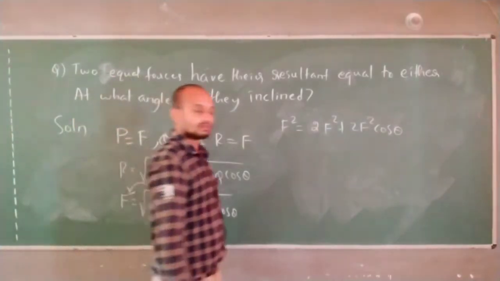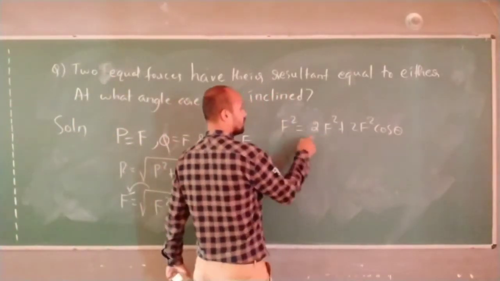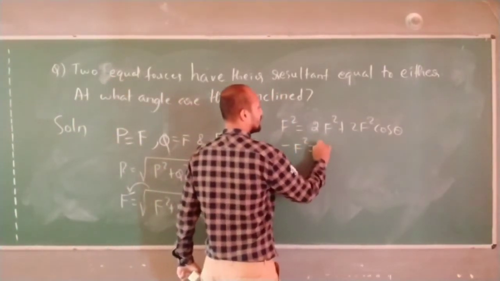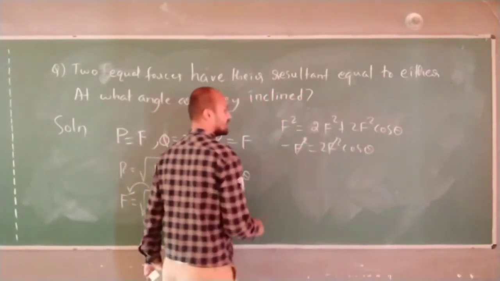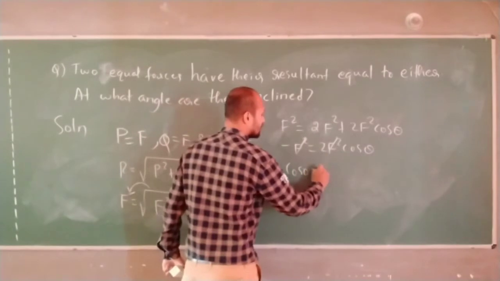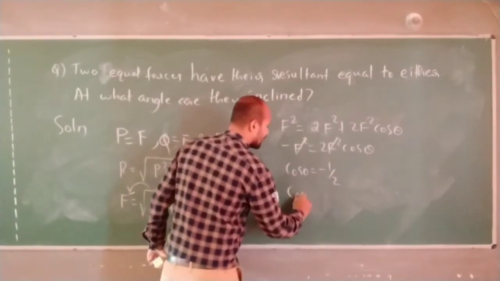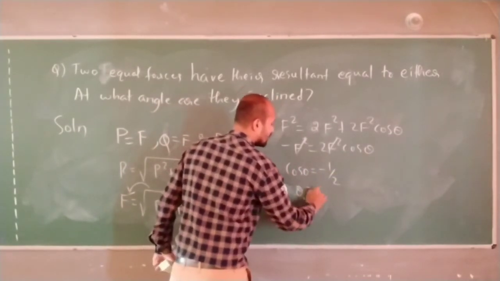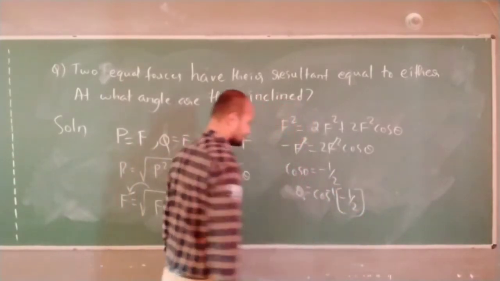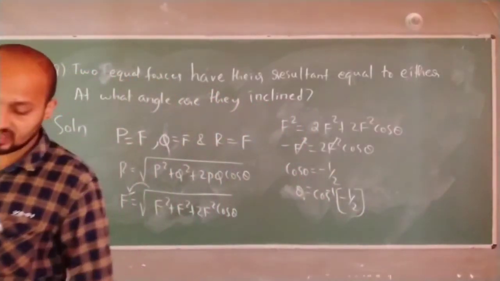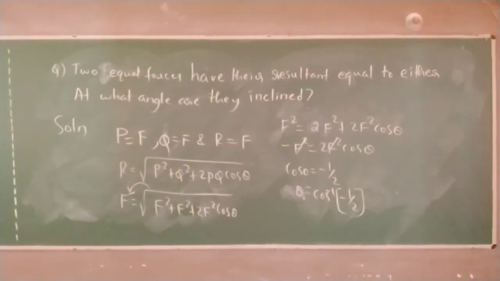Got it? So this will become minus F square is equal to 2F square cos theta. F square is getting cancelled. Cos theta is equal to minus 1 by 2. So theta is equal to cos inverse of minus 1 by 2.